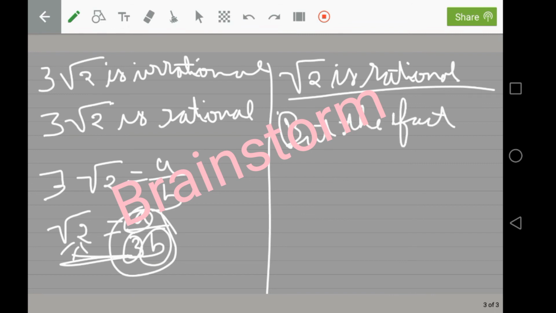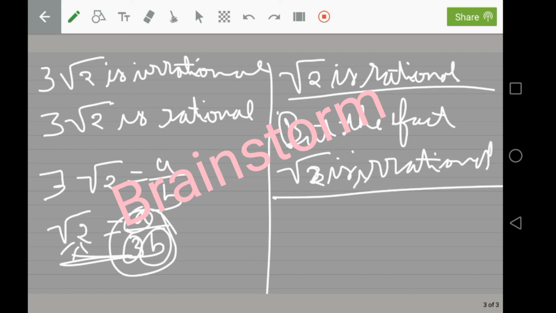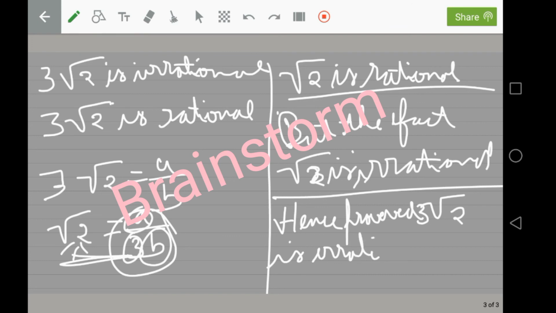But this contradicts the fact that root 2 is irrational. Hence we have proved that 3 root 2 is irrational. So that's all for this chapter.